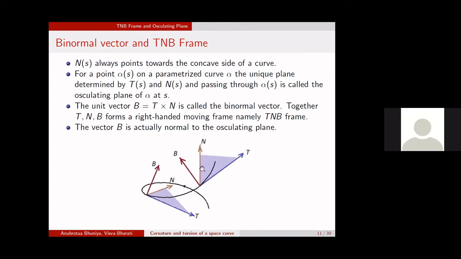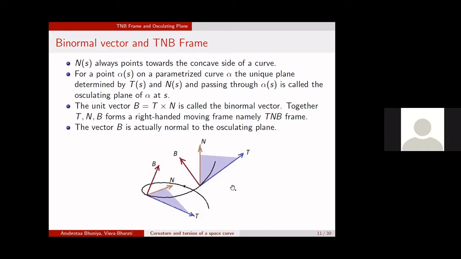Now, there is a unique plane at any point consisting of the vectors T and N. We call this plane the osculating plane. The osculating plane serves as the tangent. You see, in a plane curve in R2, what the tangent does, in R3, in space, the osculating plane does the same work.